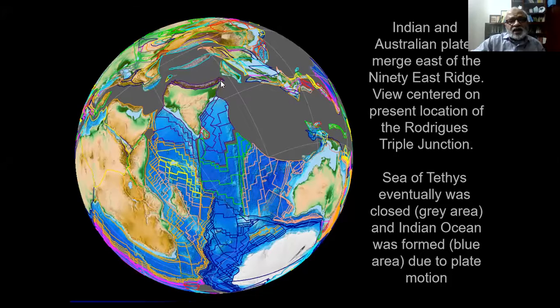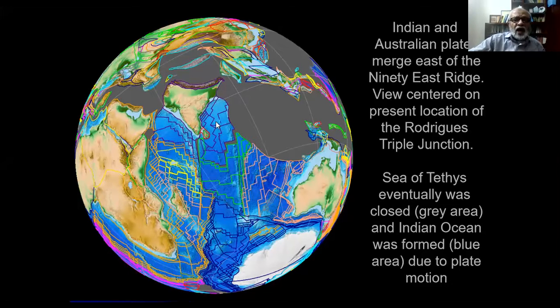You can see the Himalayan mountain belt, 2,400 kilometers, this east-west elongated belt here, which has formed. And this Himalayan belt is the source of the sediment supply to the Bay of Bengal.